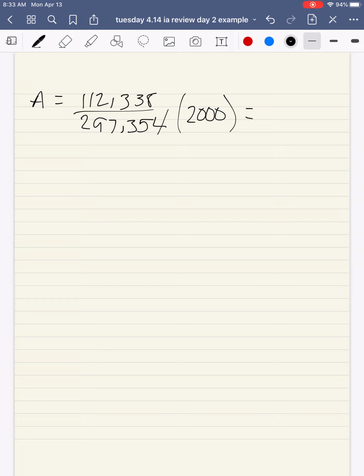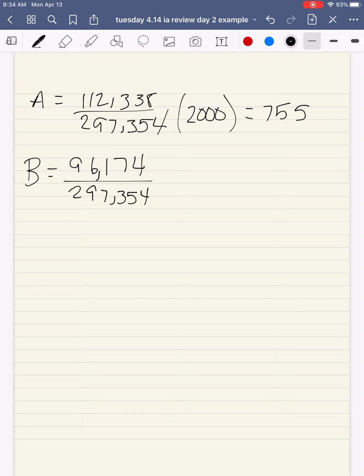So let's just go ahead and crunch this out here. So that's going to give me approximately 755. So for model B, if I crunch that out, that was 96,174 over my total. And again, once I find that proportion, I want to multiply it by my 2,000 to find the expected value here.